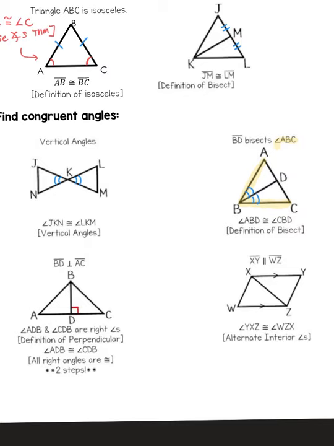The next one includes a symbol that we may or may not remember from back in Unit 1 or Unit 2. This upside down T means perpendicular. And we know that perpendicular lines intersect and create 90-degree angles.